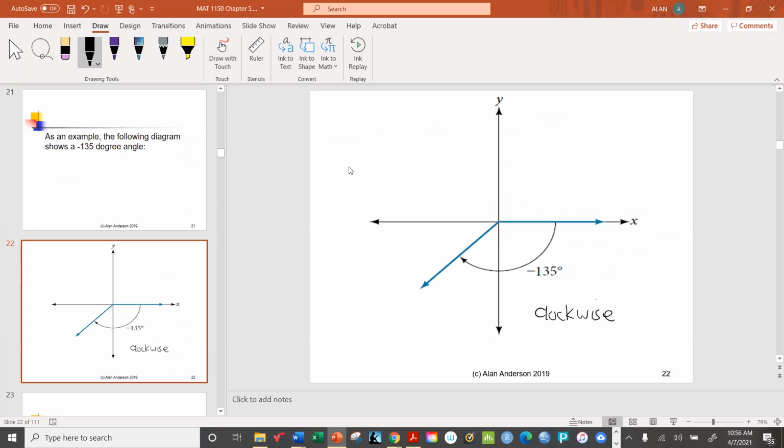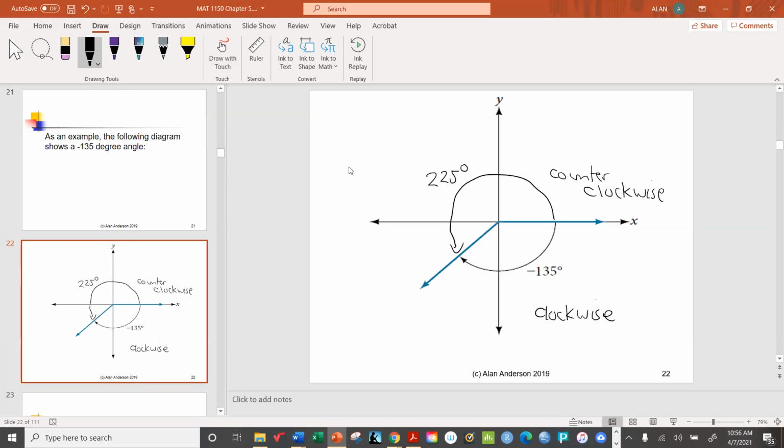But if you had gone this way in the counterclockwise direction, this would have given us 225 degrees. Okay, in other words, 180 brings us to here, and then this is halfway through the third quadrant.